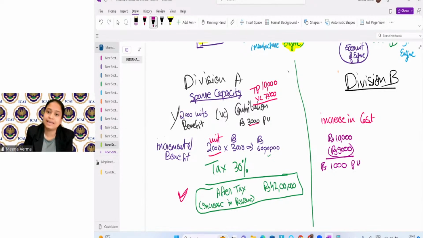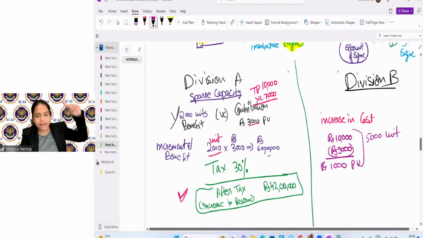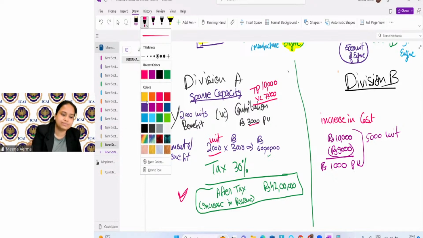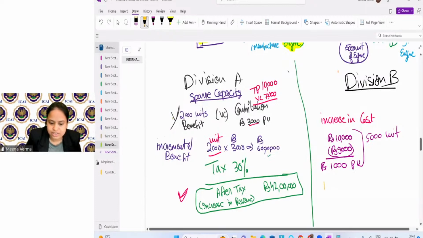How many units are they buying here? 5,000 units. They end up paying more money to the Indian division, 1,000 more per unit. So in total, how much more will they pay? Total increase in cost.